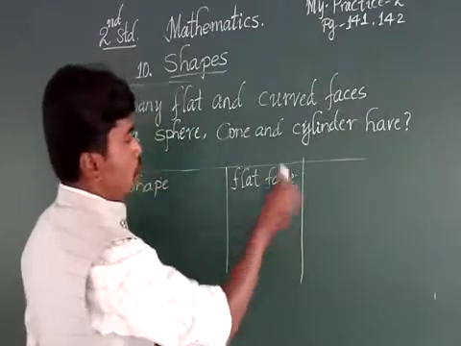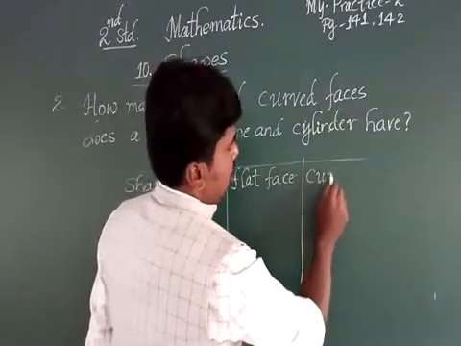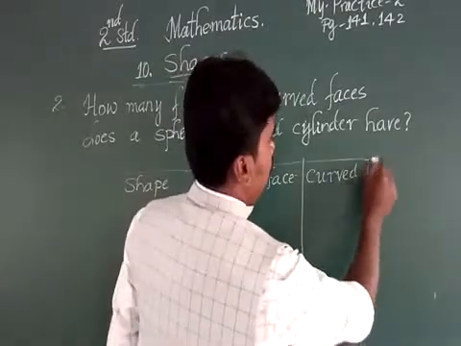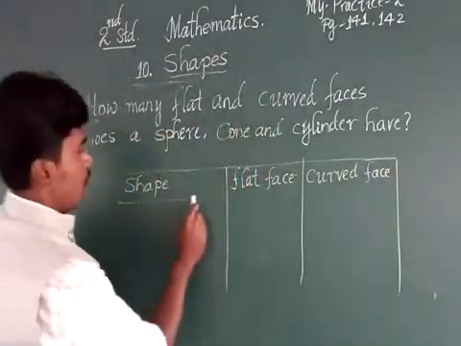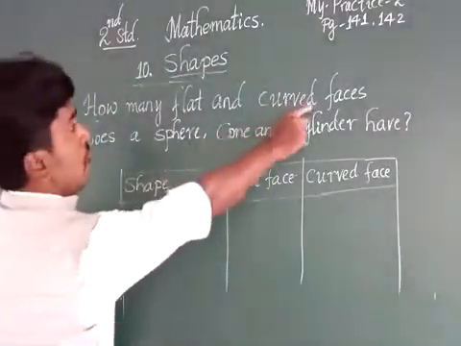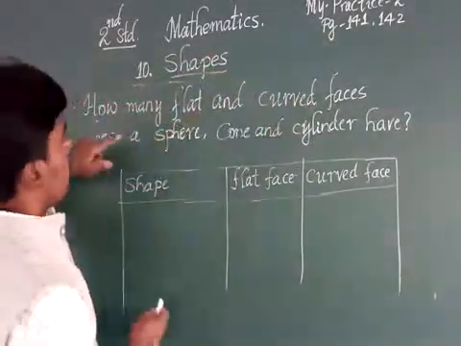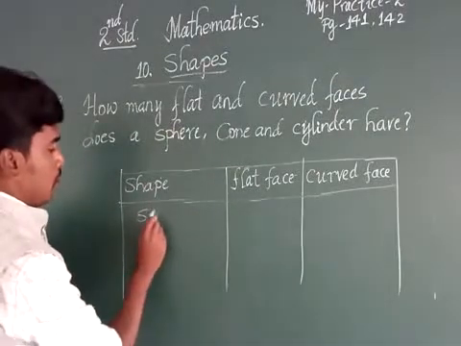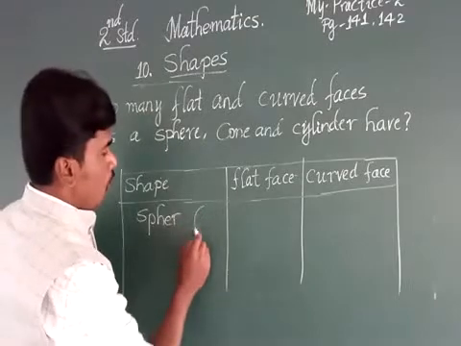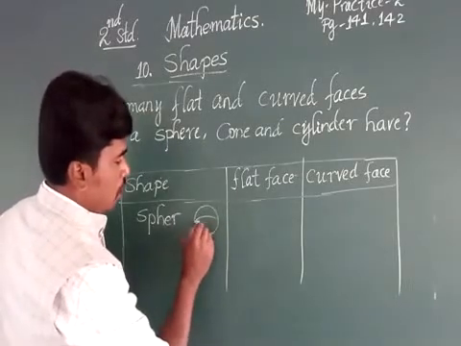In the next column you write curved face. Okay, so what is the first shape given in the question itself? It is how many flat and curved faces does a sphere? So in sphere it is like this.